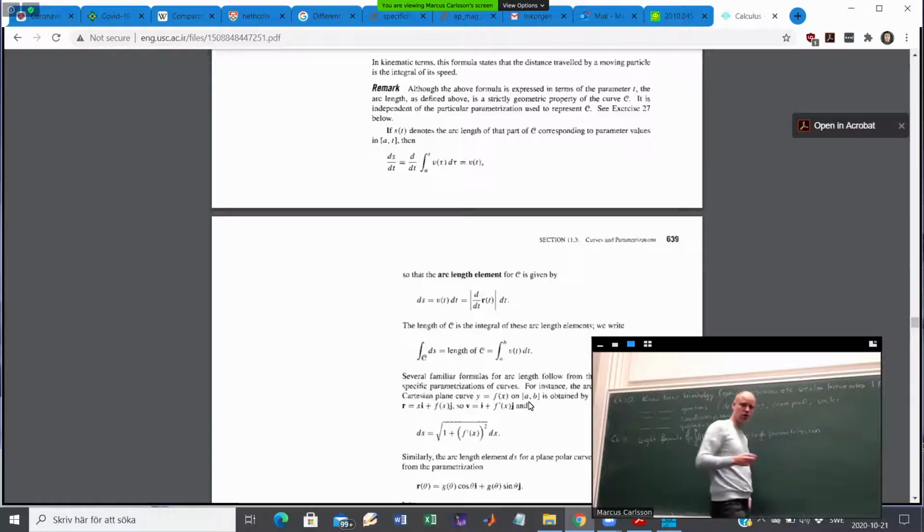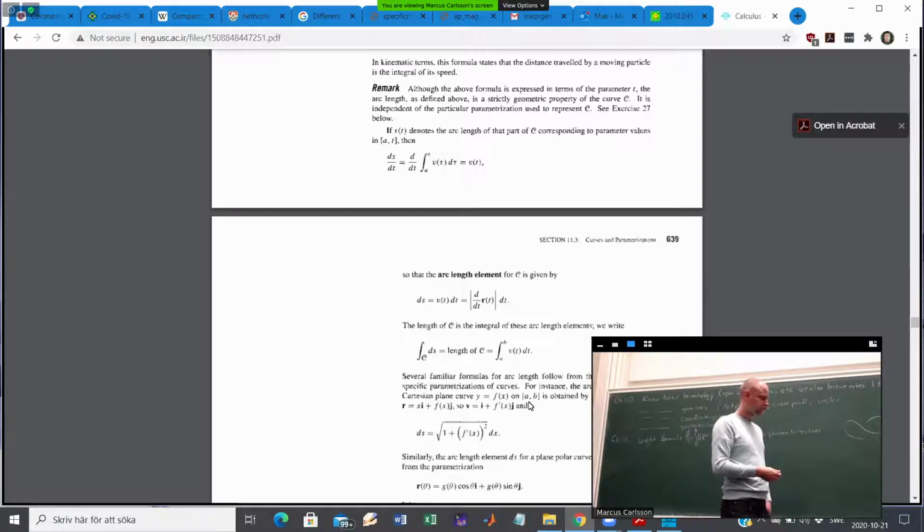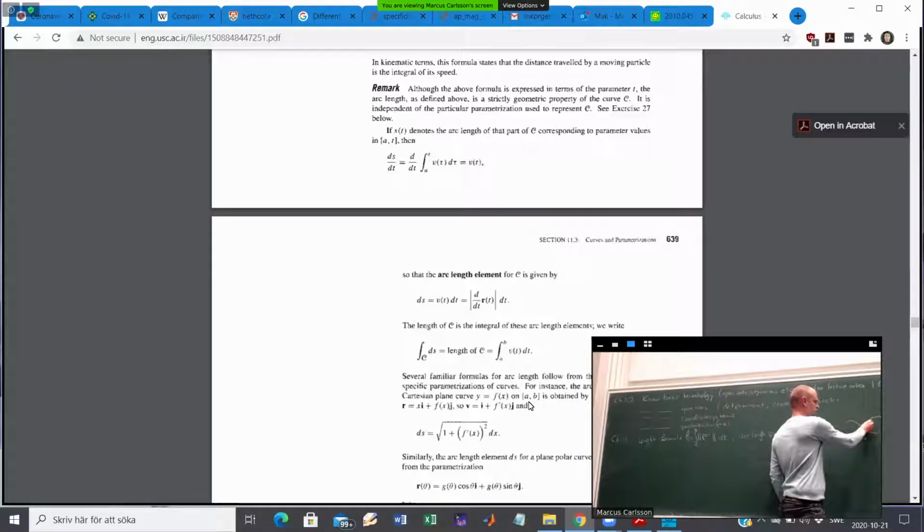Which is also important. Remember, the arc length parameterization. If this is my curve, I can go through it fast, I can go through it slow, or maybe fast in the beginning and then slow. It's still the same curve as long as I start here and end there.